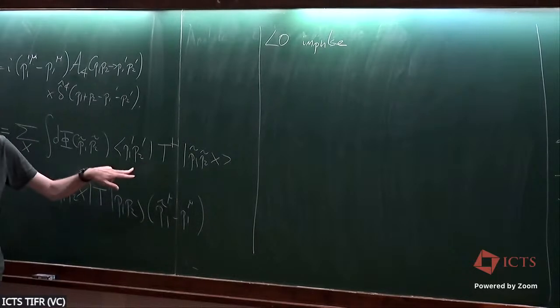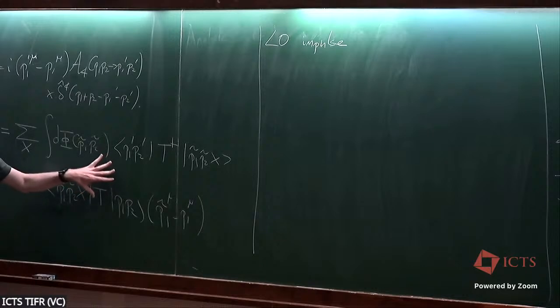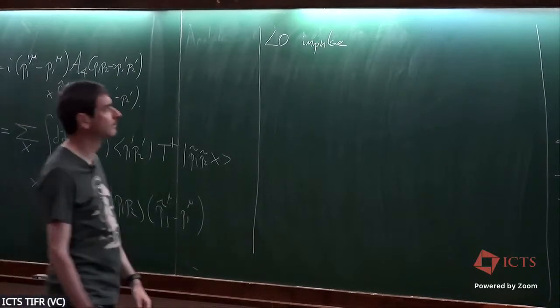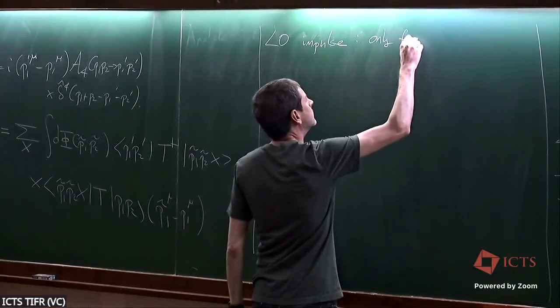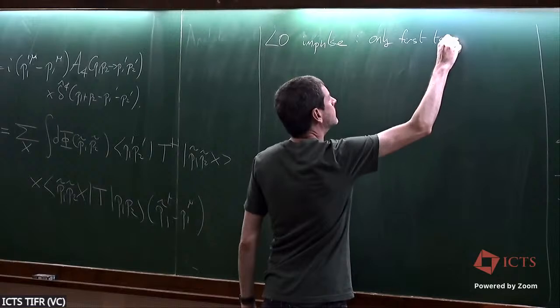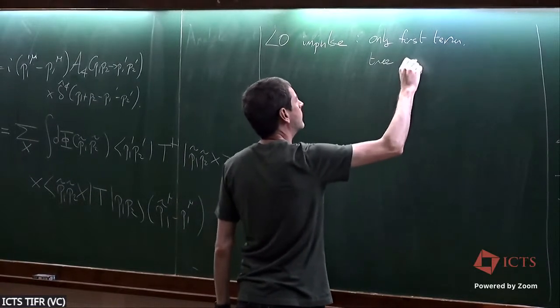Well, it would be the lowest order amplitude here, which is order e squared, and the lowest order amplitude here, which is also order e squared. So this term only contributes at order e to the 4th. So at lowest order, I just have the first term. So it's a tree computation.